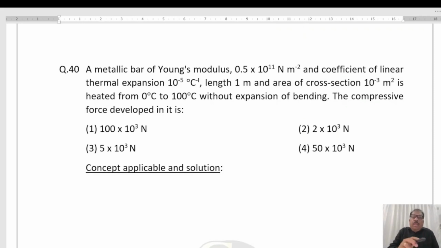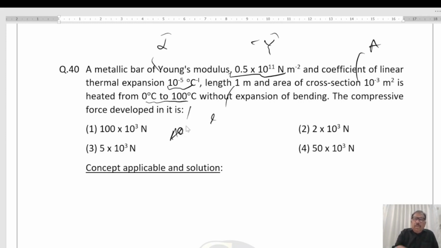The question is: a metallic bar of Young's modulus Y, coefficient of linear expansion alpha, and length 1 meter, area of cross section 10^-3 m^2, that is A, is heated from 0 to 100 degrees centigrade, that is delta theta.